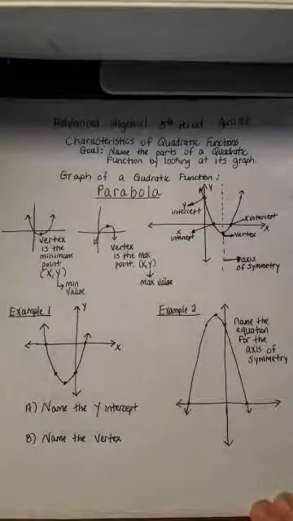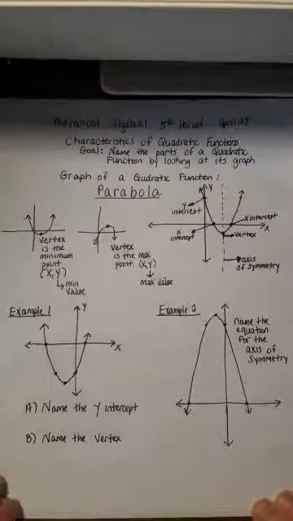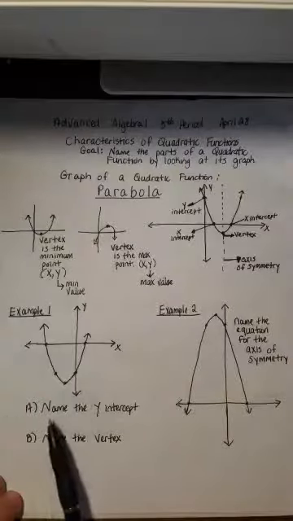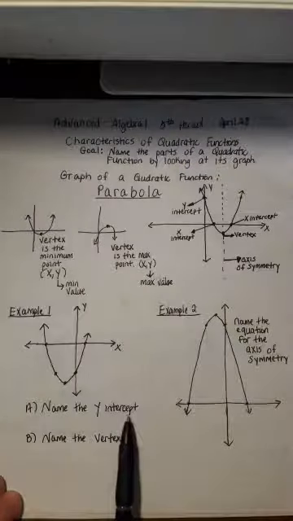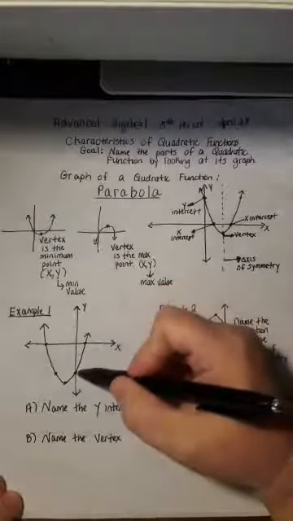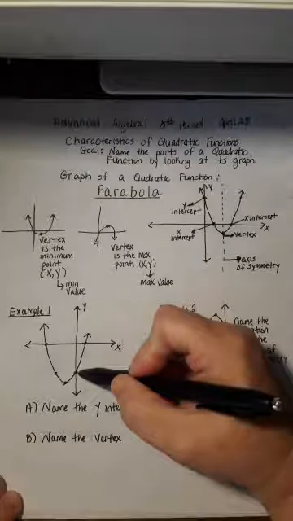I think the hardest thing about this is making sure you enter it right in IXL. Make sure you know when you're entering just one number, when you're entering an equation, and when you're entering an ordered pair. You're going to have to read your directions carefully. If it says name the y-intercept, remember, the y-intercept is just the y-coordinate of the point where it crosses the y-axis.